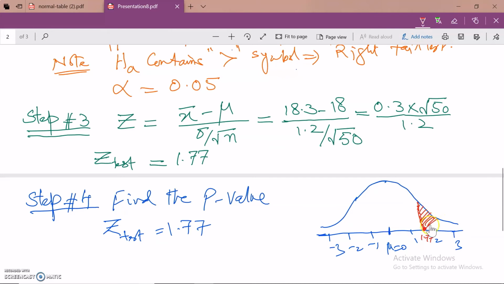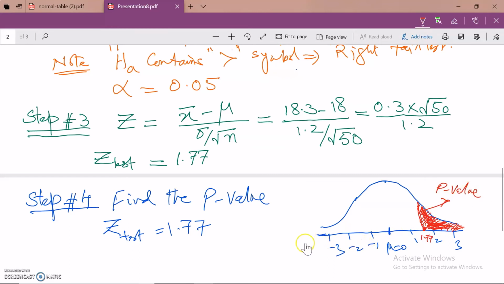Remember, it's a right tail test, and when we have a right tail test, the p-value is actually the area to the right of the test statistic. So this area will be called the p-value, which we are going to find.